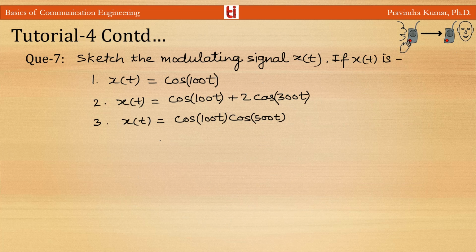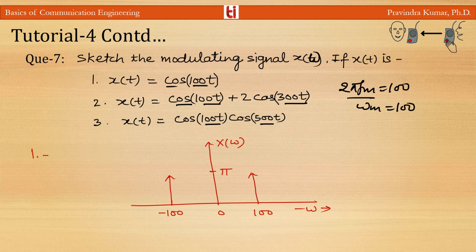Now the next question: sketch the spectrum X(ω) of the modulating signal given that x(t) is cos 100t, or cos 100t plus 2 cos 300t, or cos 100t cos 500t. Here, comparing with cos 2πf_m t, ω_m is 100. So for x(t) = cos 100t, the X(ω) is in this figure.